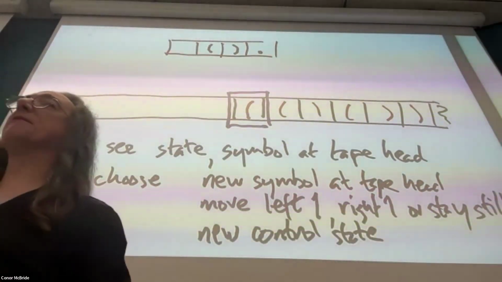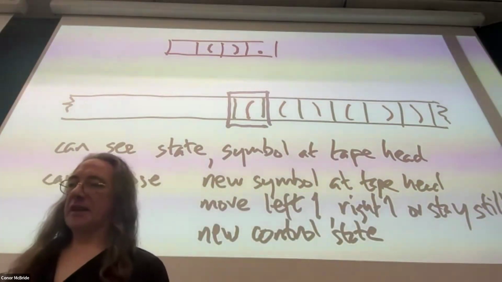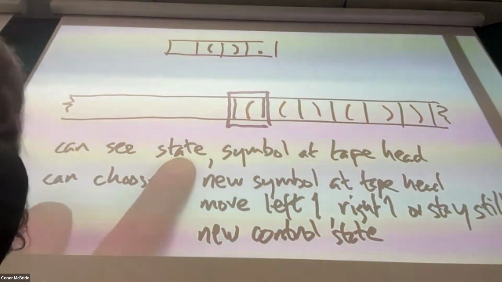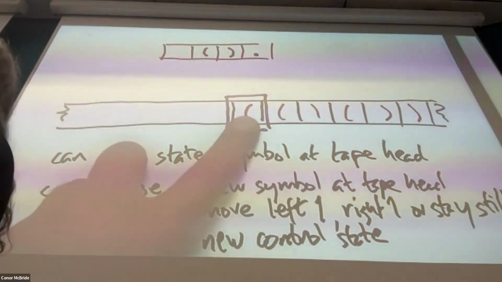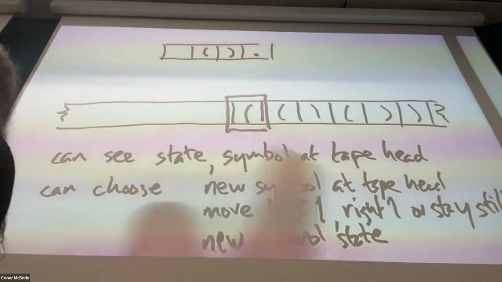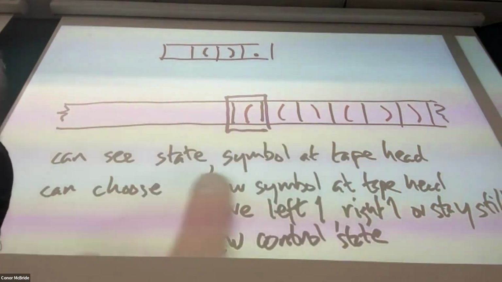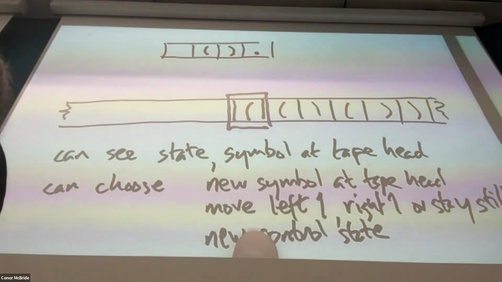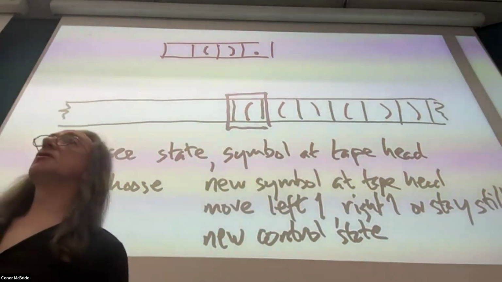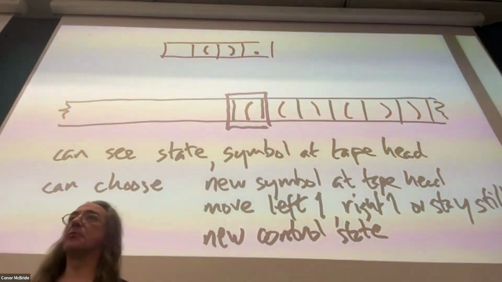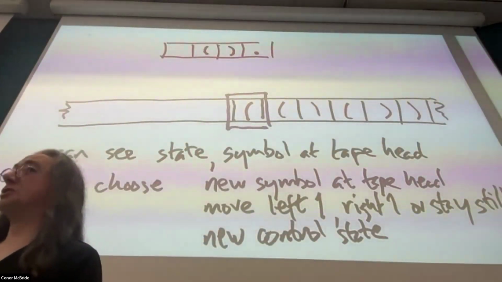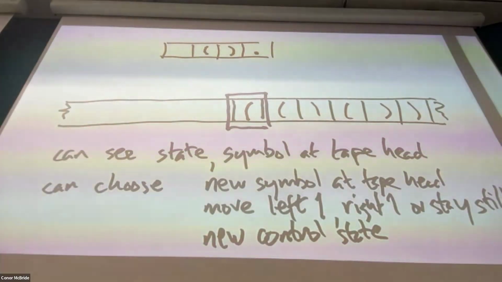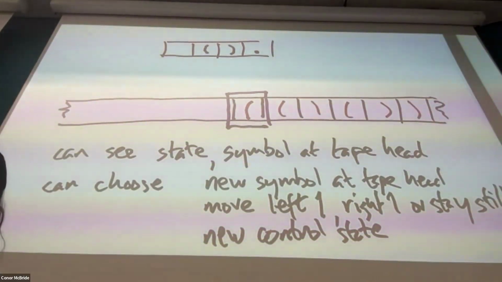So there's a fixed program that says, given the current state and the current symbol, what do we overwrite this symbol with? Do we move left or right or stay put? And what state do we move into? And there's a special state called the halt state, which means the program's done. So here's the thing. Turing machines do not promise to give you an answer. You can put them into a flat spin.